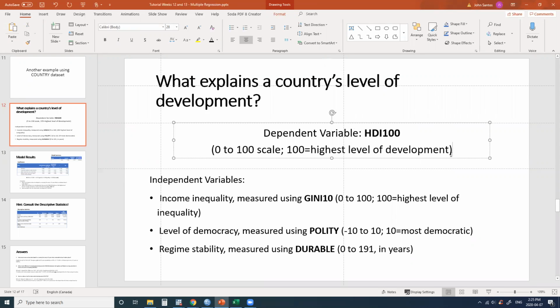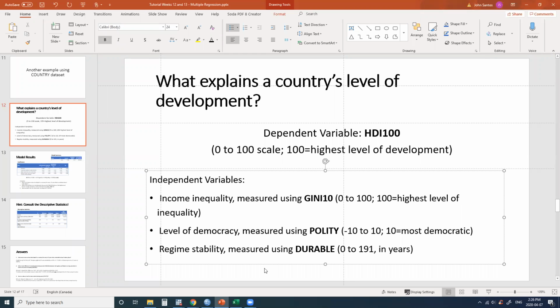It's an index, so it's a composite indicator made up of several other measures, and it theoretically ranges between 0 to 100, where 0 is a country with absolutely no development, and 100 is the highest possible amount of development you could get. In reality, no country is either 0 or 100, but they've constructed the scale so that it has this theoretical range between 0 to 100.